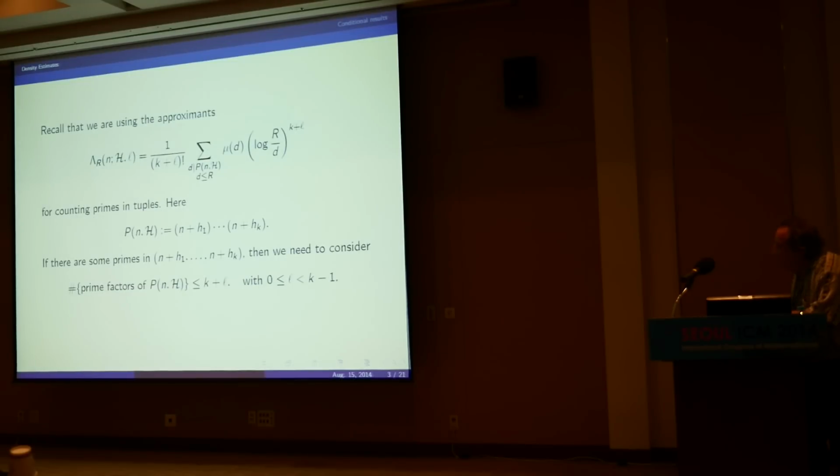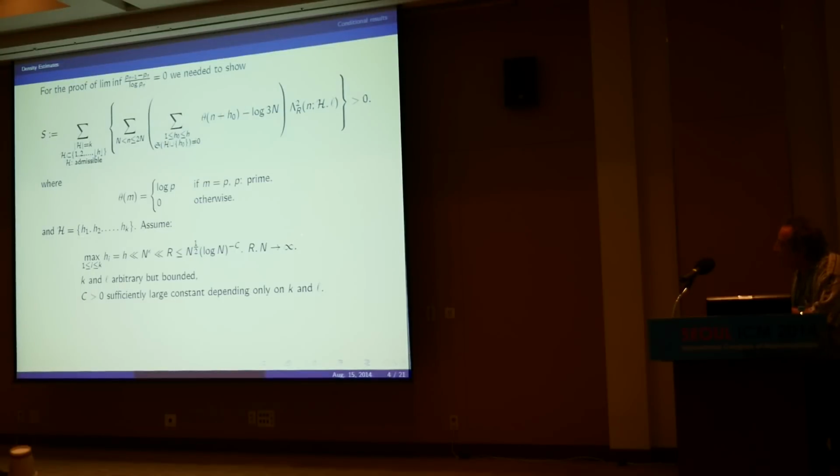Now, as Dan mentioned, the prime tuple approximants we're using are these lambda sub r's, and we have this P and H, this product composed from the tuple elements, and N. The proof of the limit inferior of (p_{n+1} minus p_n) over log p_n equals 0 depends on a positivity argument, that you should show that this quantity here is positive. Here theta is just the count of the primes, it's supported on the primes.